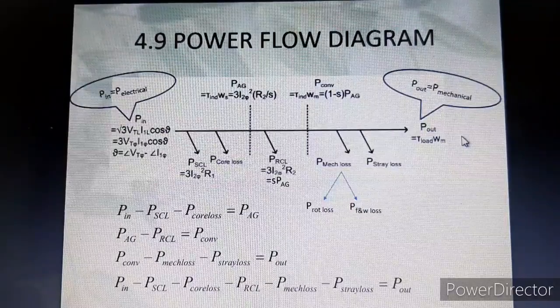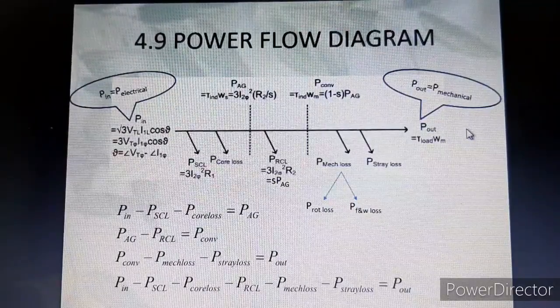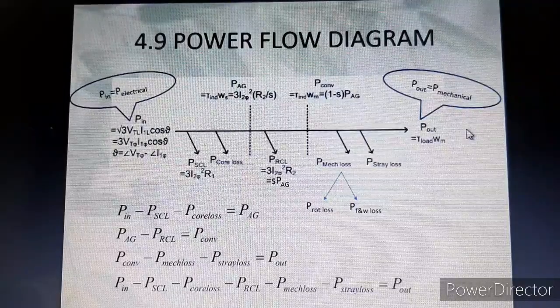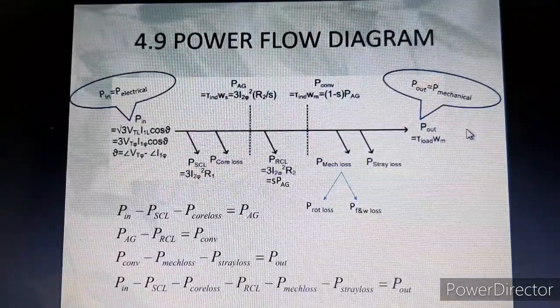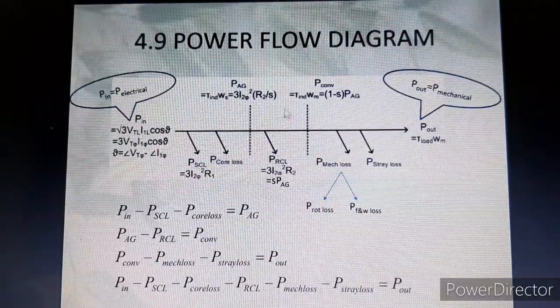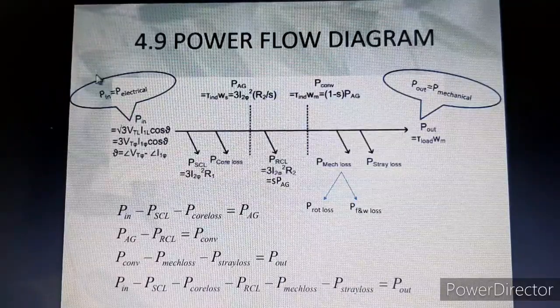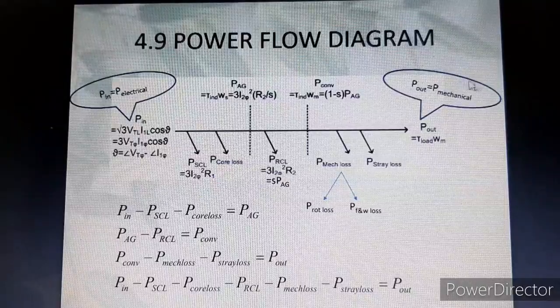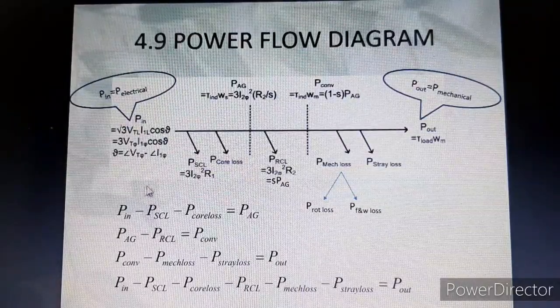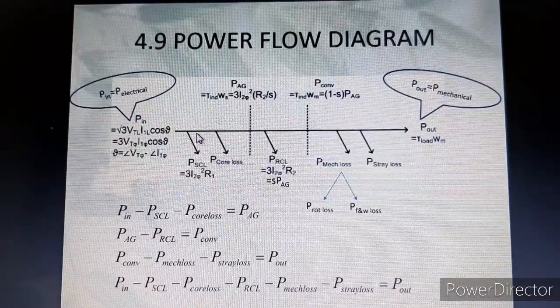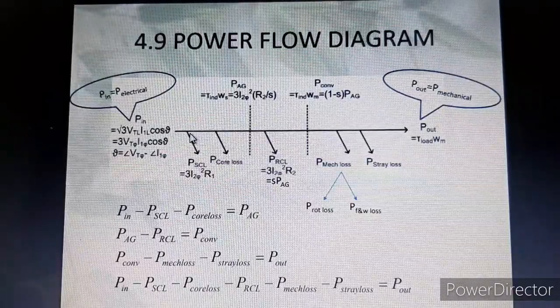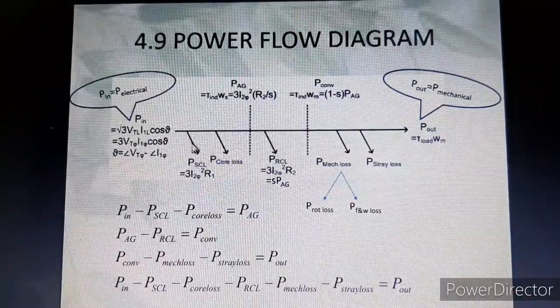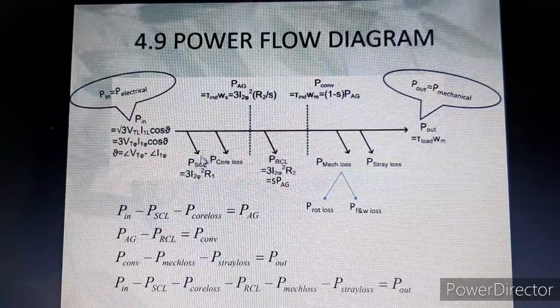But because we are dealing with a real induction motor, we have lots of losses. Therefore, we cannot convert 100% of the electrical power into mechanical power. Instead, we have losses, represented by the downward arrows.